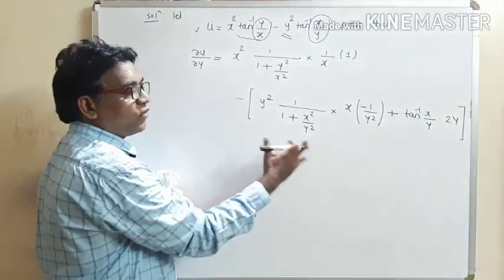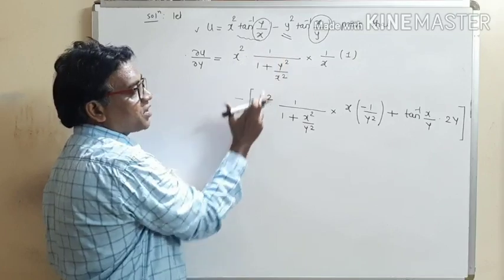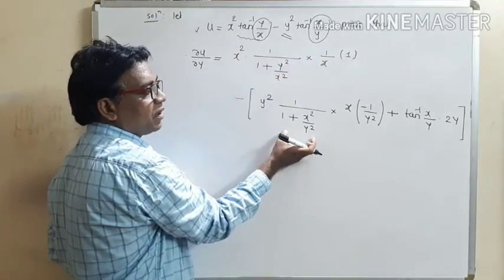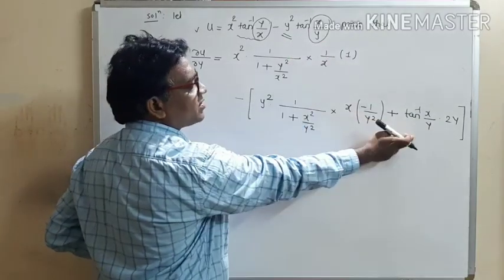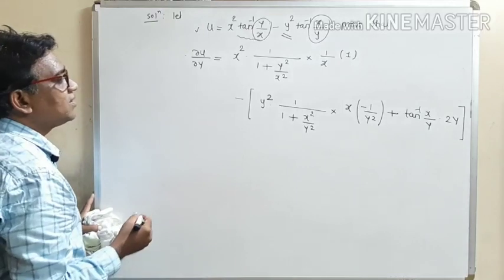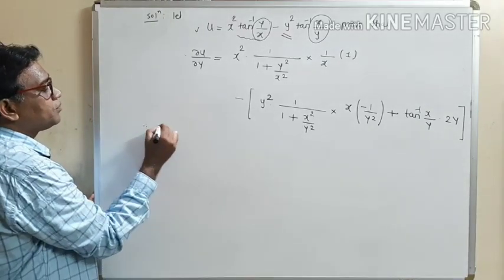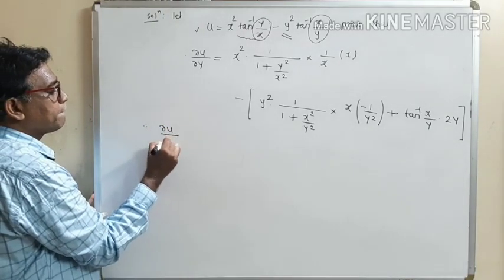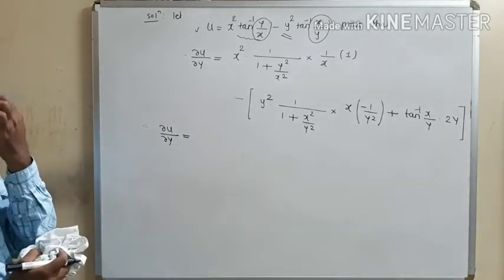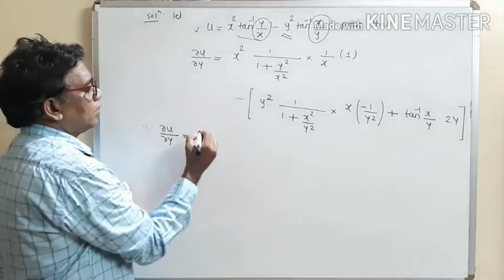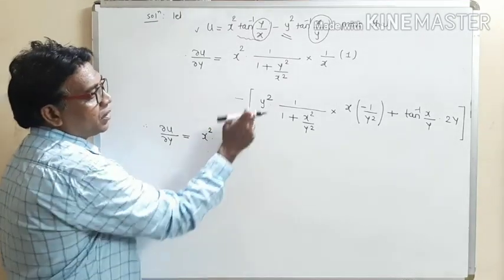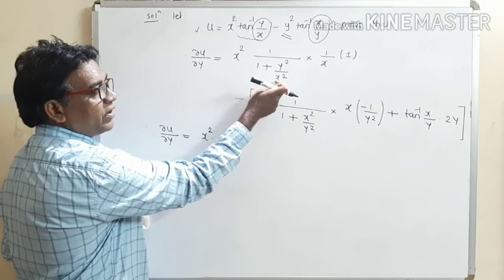So this is our product formula. First term as it is into derivative of this second term, plus second term as it is into derivative of first term, it is 2y. So simplify this term. So this is ∂u/∂y is equal to, now this is x square into, now x square, this is term of LCM.